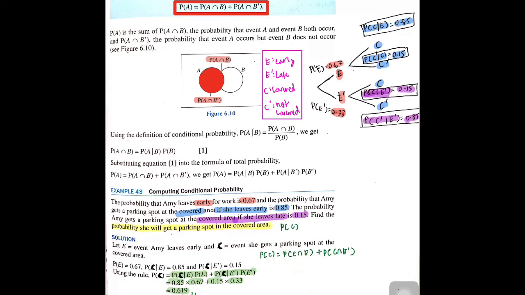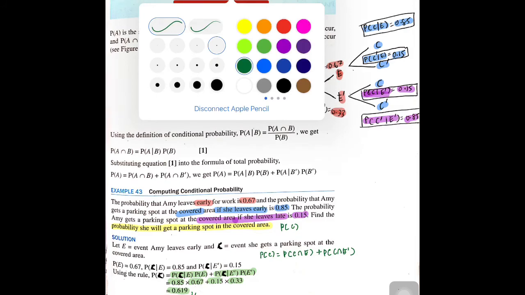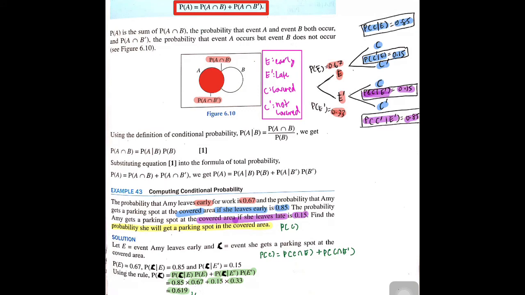However, if you want to use the tree diagram, it's very easy. Let me show you how. We want to find P(C). Our C is here, and both branches depend on the previous event. To find P(C), which is the law of total probability, just multiply the branches together. This is the first branch and this is the second branch. Multiply them together and add them up.